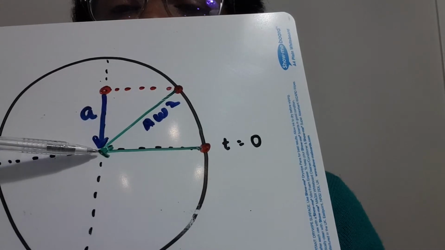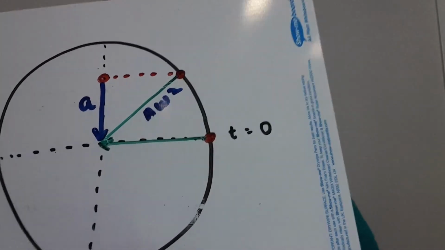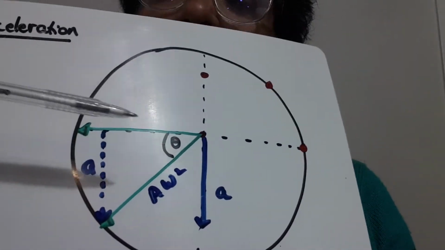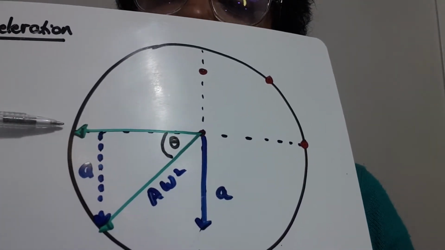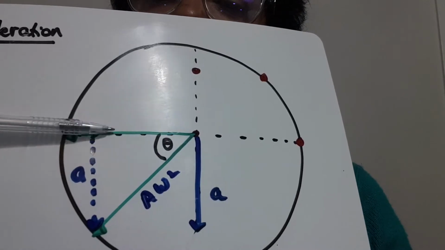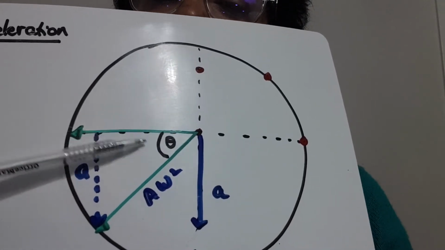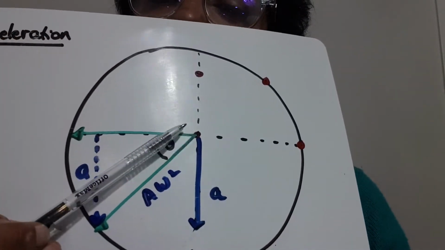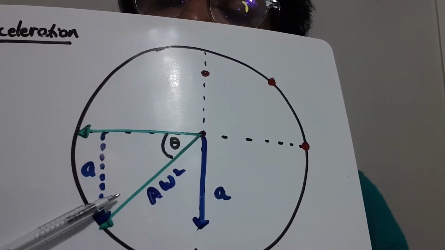So what I'm doing is I'm just translating it all to the side. So this is what it will look like. Initially, that's the acceleration phasor for when it was at time 0, and after a time, when your reference particle is there, its acceleration is pointing to the center, so it's like this.